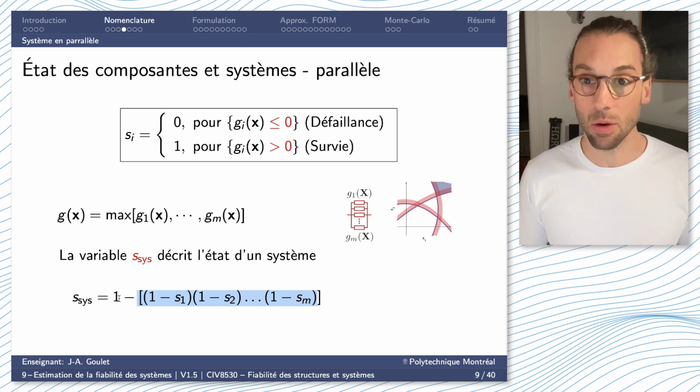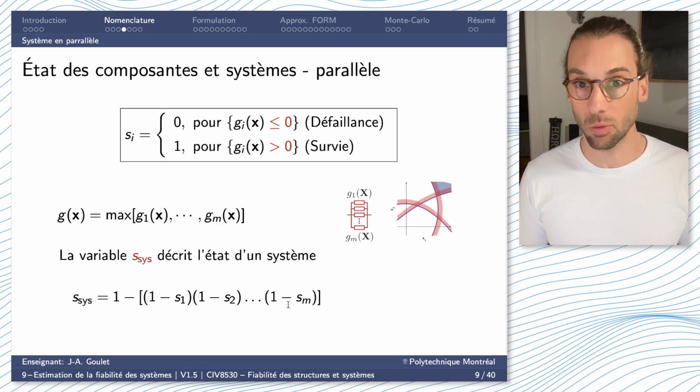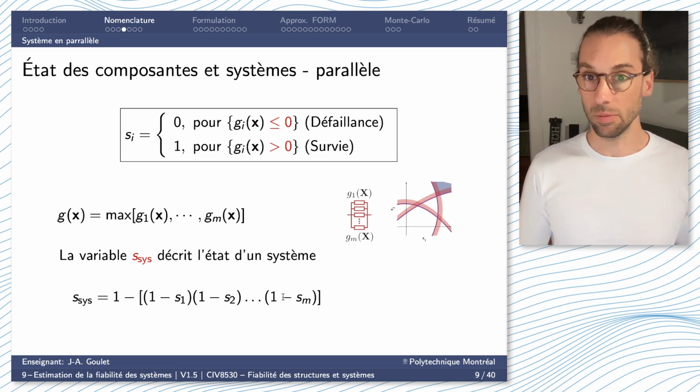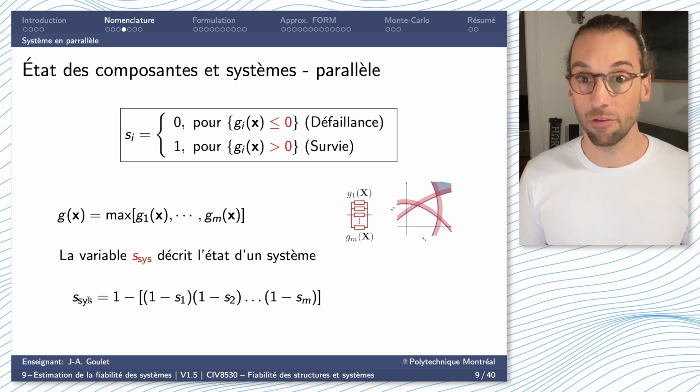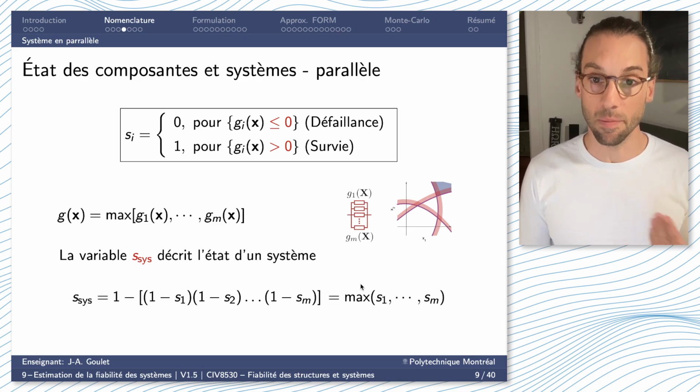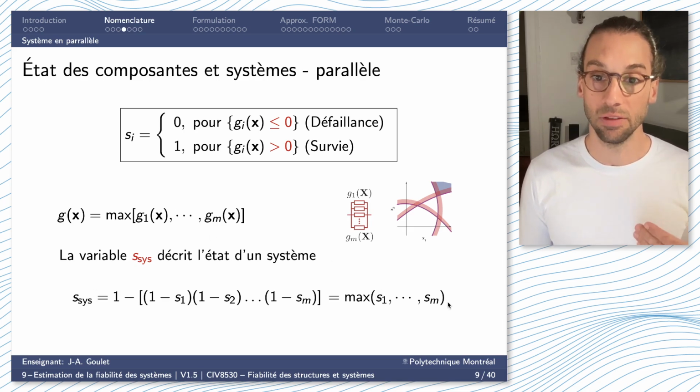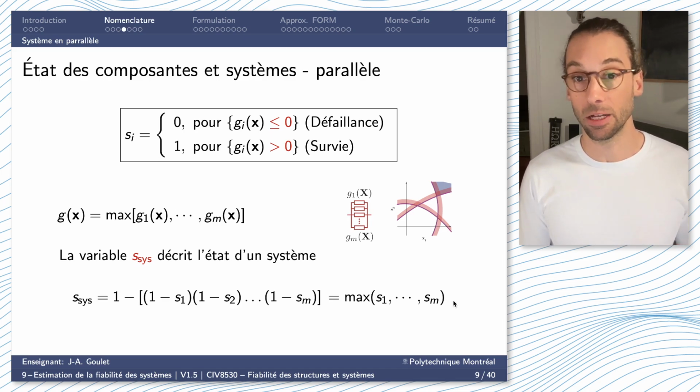The only way I'm going to have a failure, Ss equals 0, is if all the Si are 0, so 1 minus 0 is 1, they're all 1, and then 1 minus 1 is going to be 0. So this is the way to express with state variables the state of my system in terms of failure or survival. And this is equivalent to taking the max of my state variables over my parallel components.